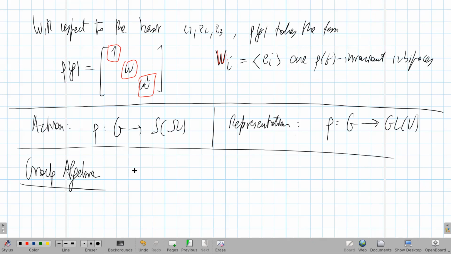So remember how you construct polynomials. Let F be a field, any field.